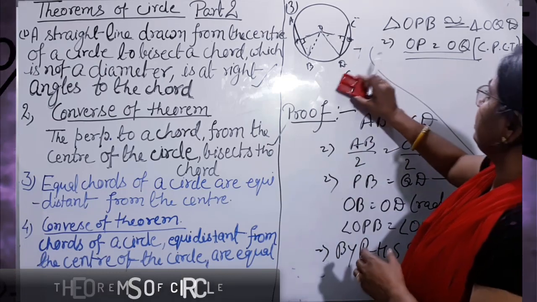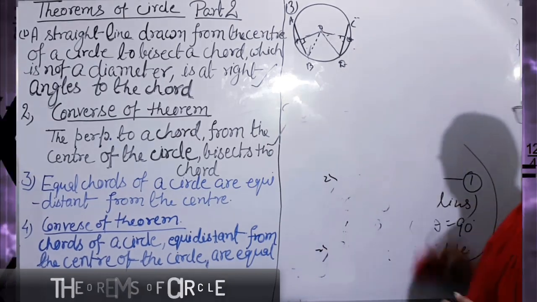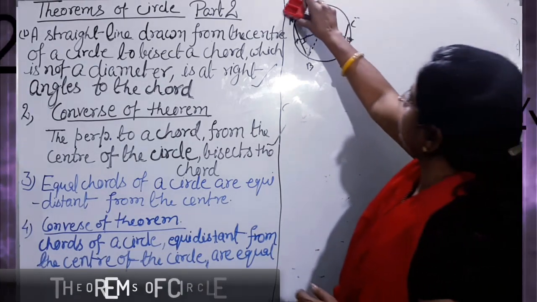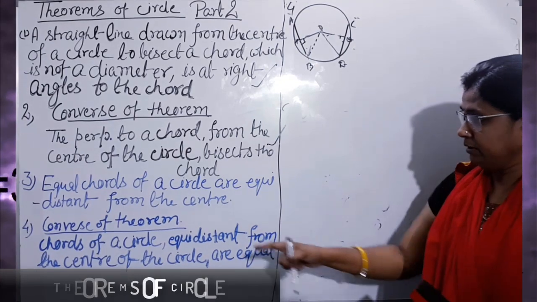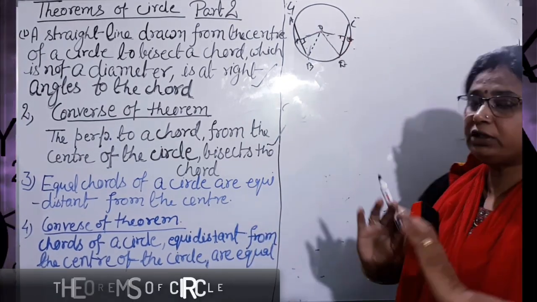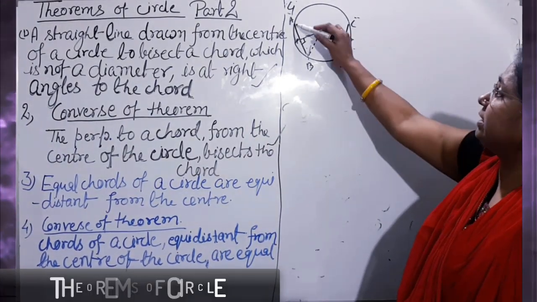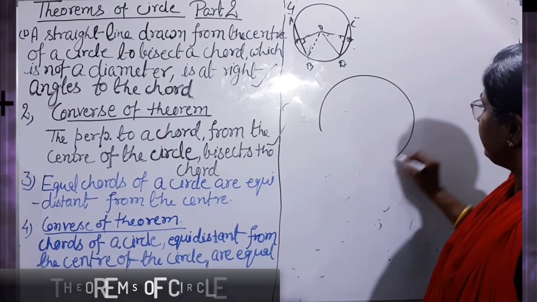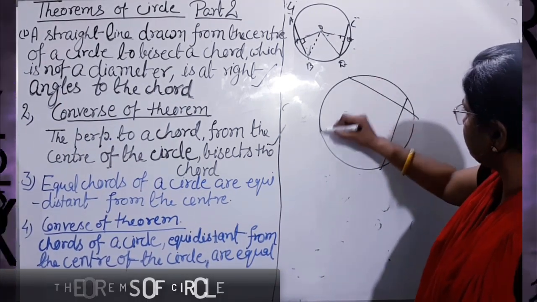That means in the converse, what is given? The chords of a circle are given, that means two chords are given. They are not given as equal chords. In any circle, many chords are given, suppose.